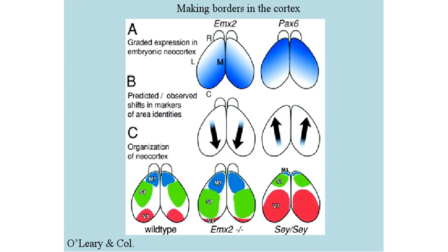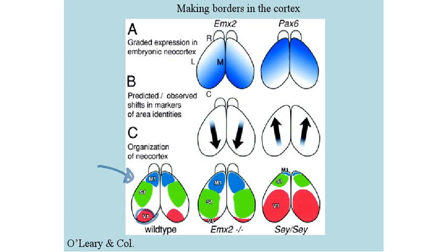Okay, so how can you make a shift in the boundary? First of all, this is something that can be engineered. This is the example of the organization of the neocortex, where, for example, let's focus here on the visual cortex.